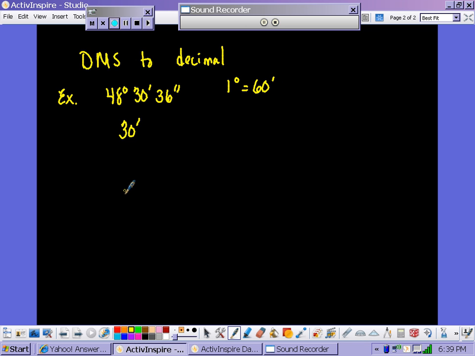So this time, we want minutes to cancel out. So when we do that, we end up with 1 degree over 60 minutes, and then the minutes cancel out. So we end up with 30 over 60, and that's degrees.